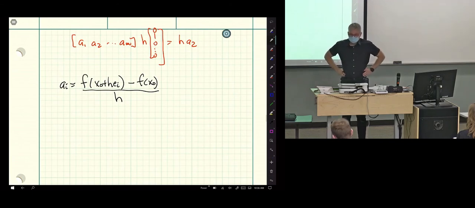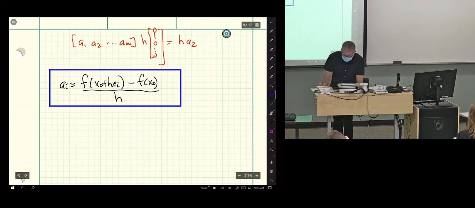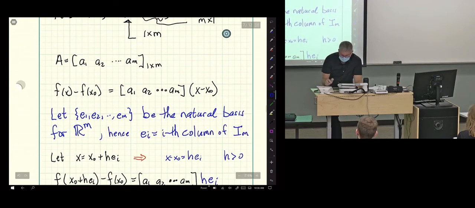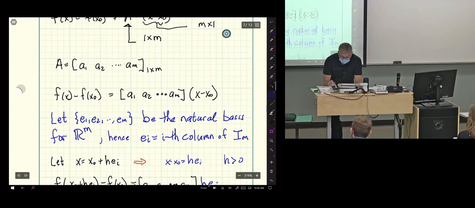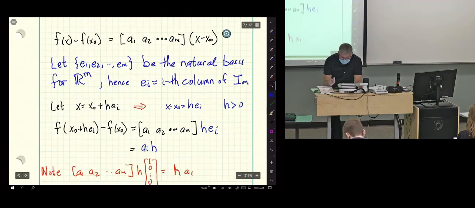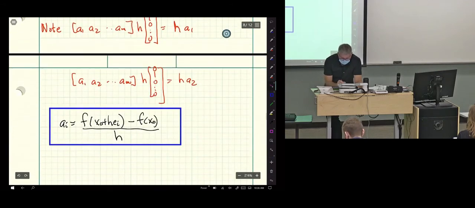So that's how I get the ith component of my linear approximation. Once I posed this, this is what I wanted, just using my little basis vectors, I get a formula for the ith column of this row vector.